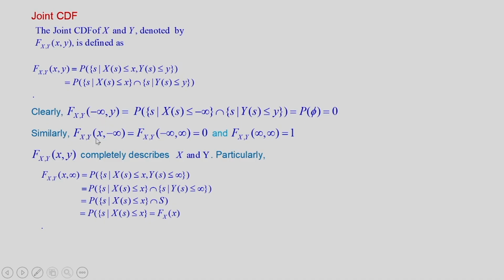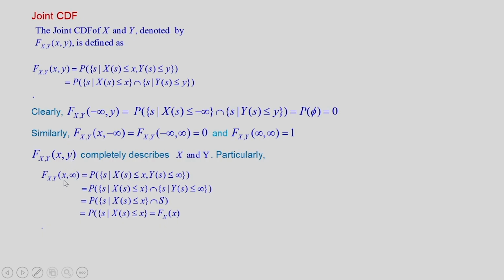Similarly, joint CDF at x, minus infinity equals joint CDF at minus infinity, minus infinity is equal to 0. Also, we can show that joint CDF at infinity, infinity is equal to 1. As I said, the joint CDF completely describes two random variables X and Y, and we can determine any probability involving X and Y using this CDF.